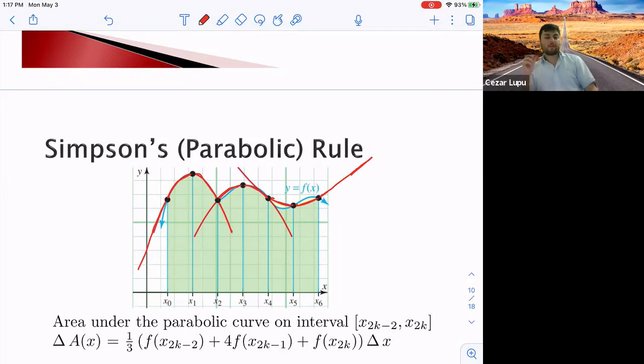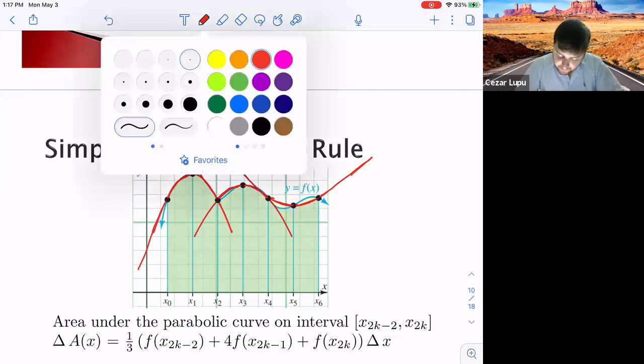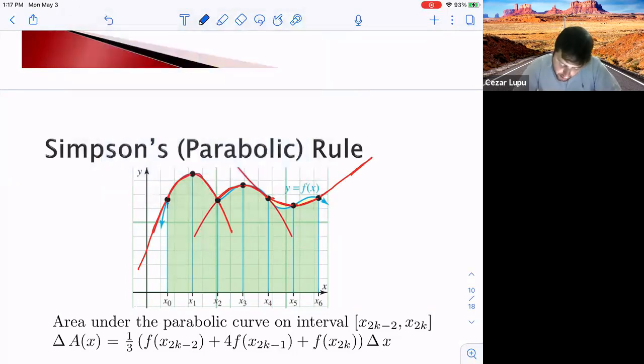Usually, the area under the parabolic curve on the interval, let's just take here again 6 points, right? This starts from x naught, which is a, and it will end up here, which is b. And again, I have 6 endpoints here in this picture.